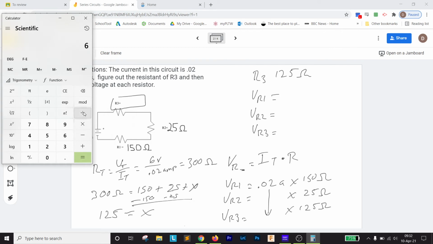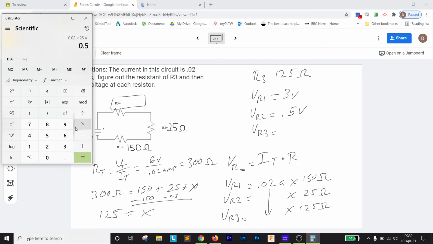And let's do that. Oh no, I don't even need to do 6 divided by 0.02, I got 0.02 already, so I do 0.02 times 150, which is going to give us 3 volts. And then I'm going to do 0.02 times 25, which is 0.5 volts.